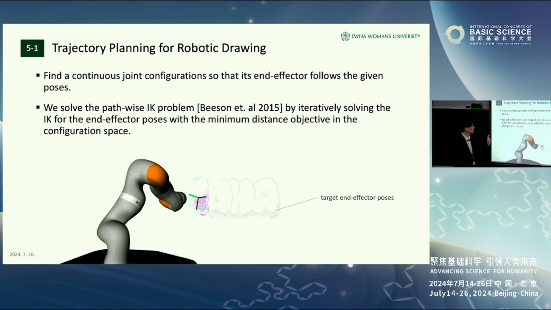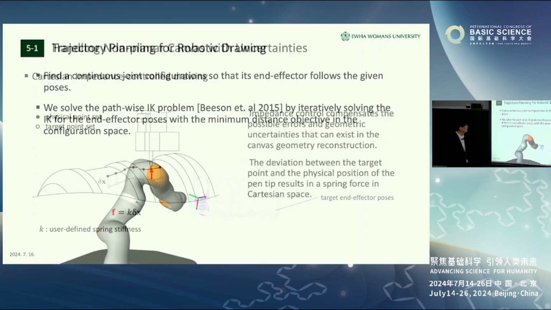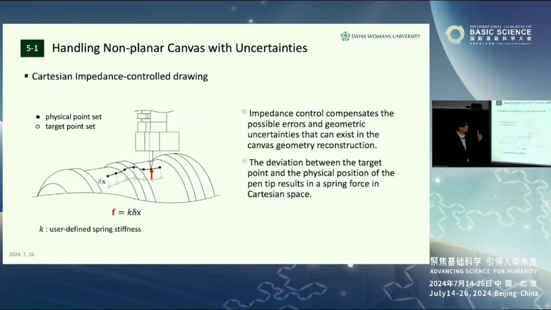We need to solve this pathwise IK problem in configuration space, basically by minimizing the configuration distance in the configuration space, so that we have smooth motions for all the joints.